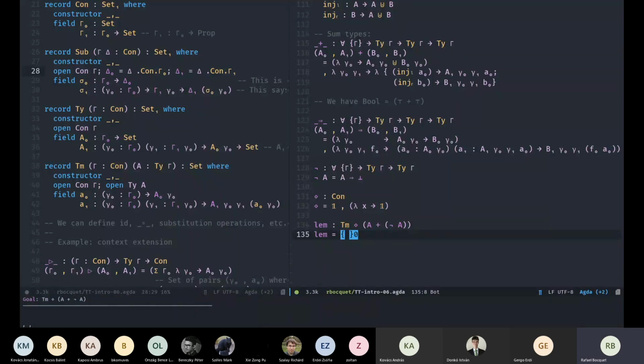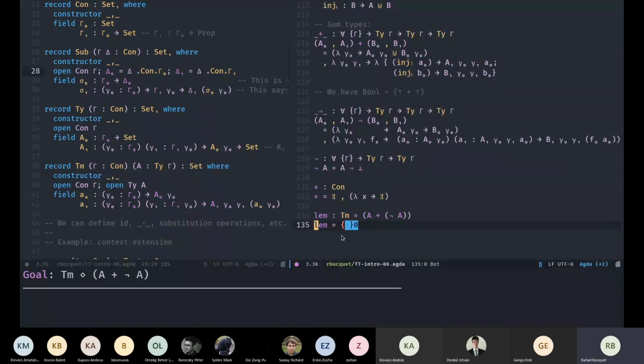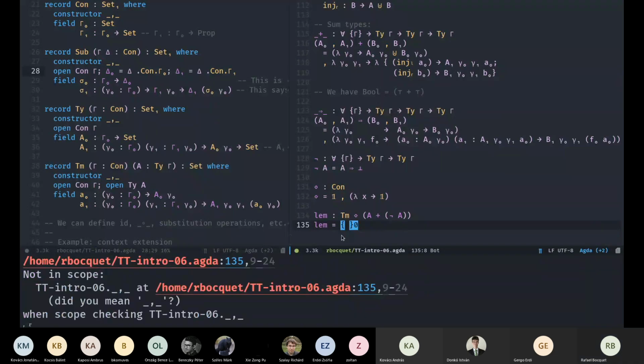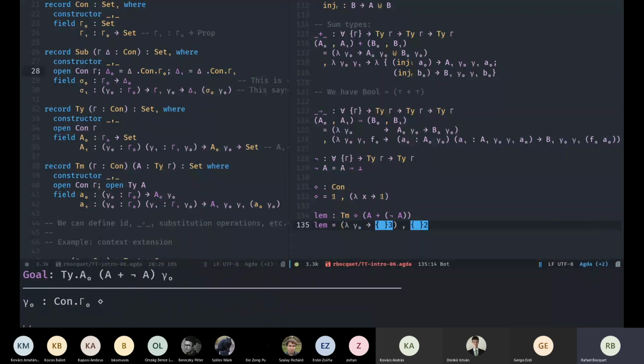And what happens when we define this type is that on the first component, we need to make a choice between giving an inhabitant of A at 0 or an inhabitant of not A at 0.